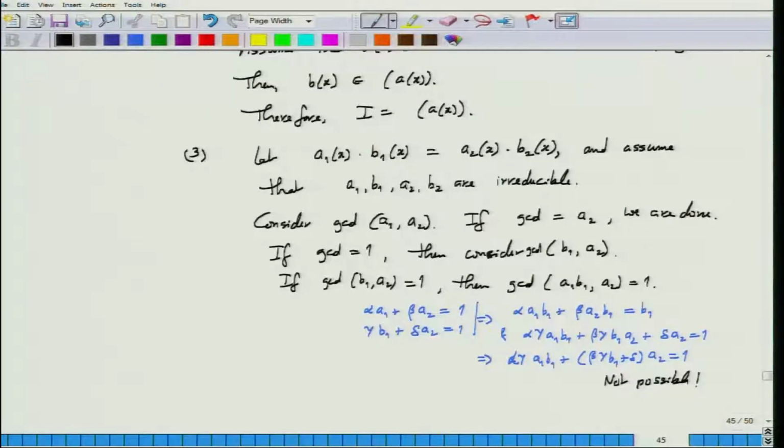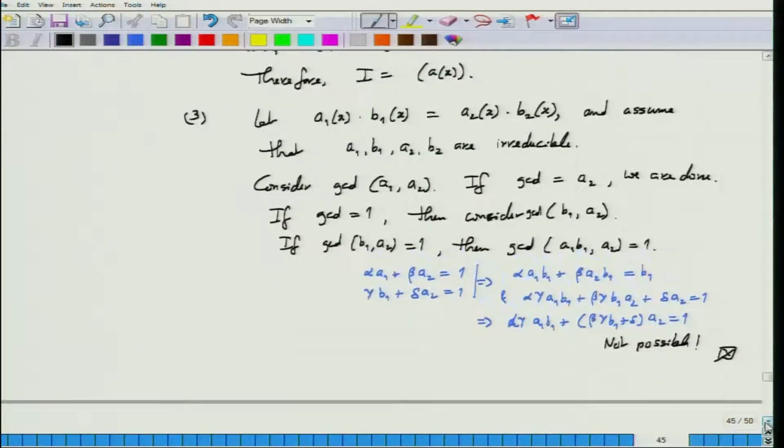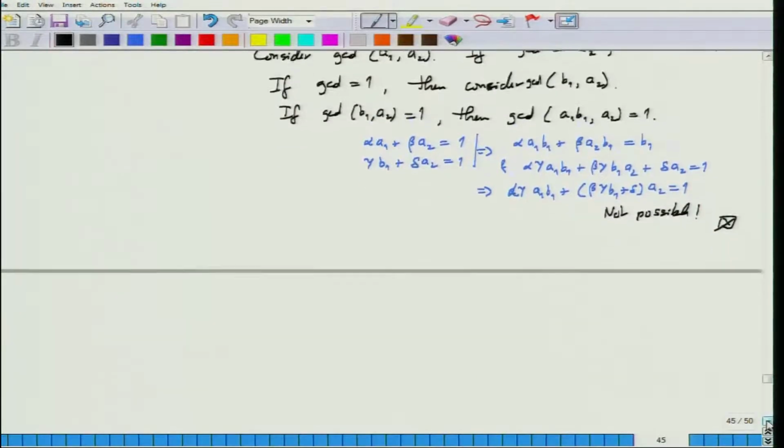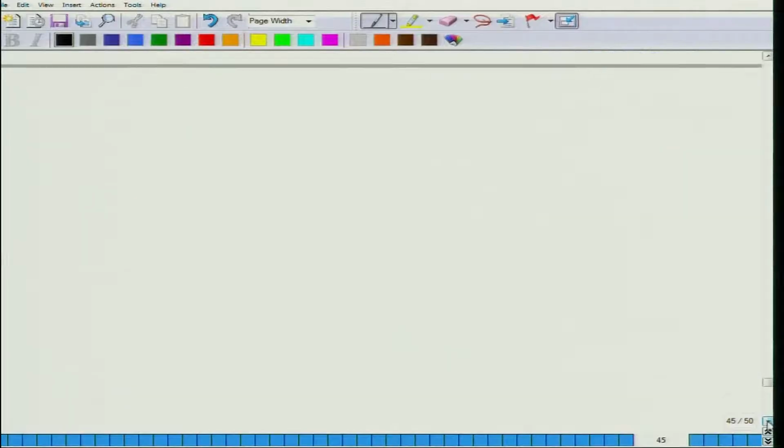And that's it. It proves the theorem. So this ring F[x] behaves very much like the ring of integers.